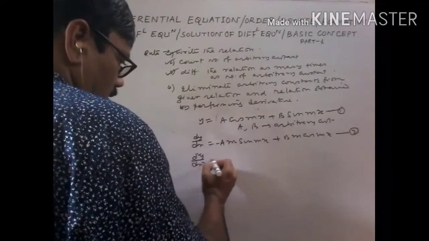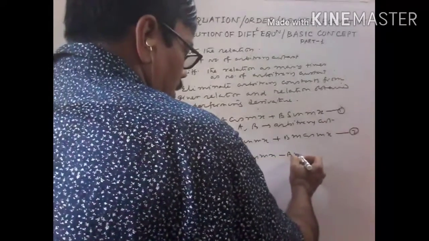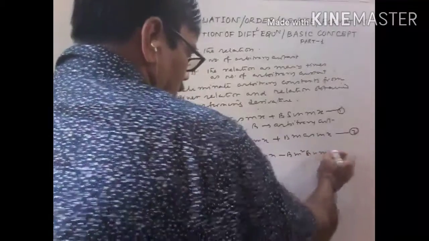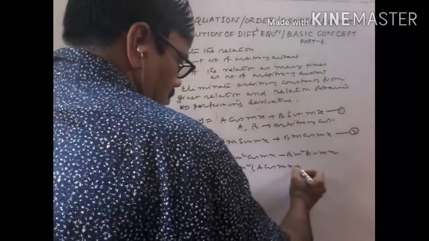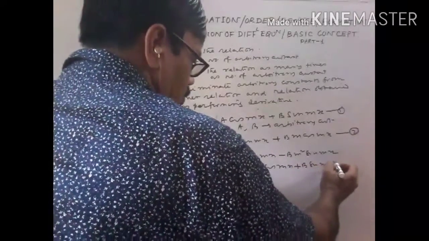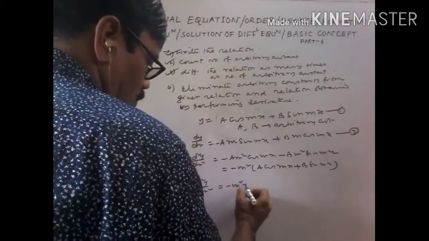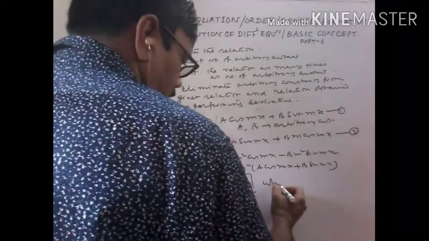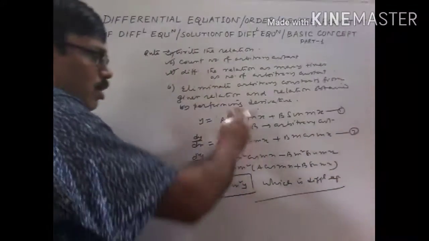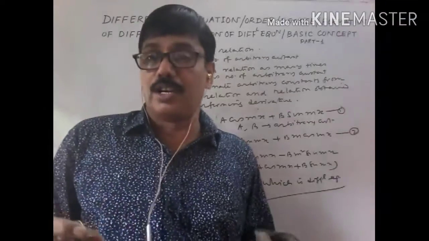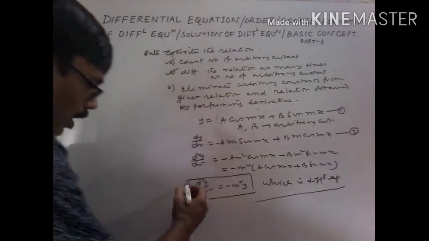Now again if we differentiate, minus am square cos mx minus bm square sin mx. So minus m square common, (a cos mx plus b sin mx). So d2y/dx2 equals minus m square y, which is a differential equation. Look, 3 constants, but we have to eliminate only the arbitrary constants, not m.